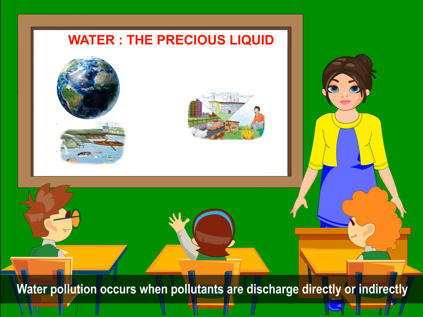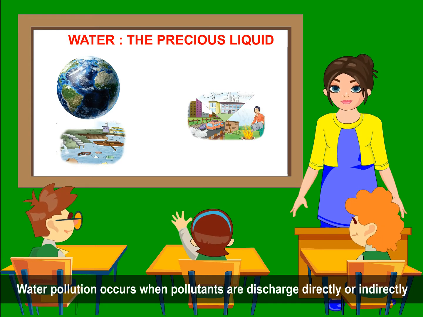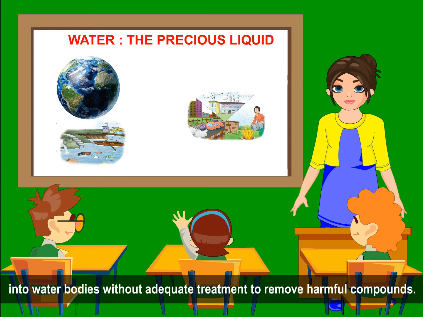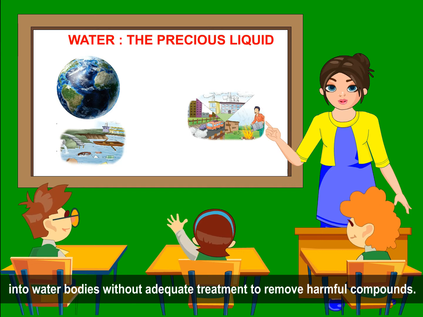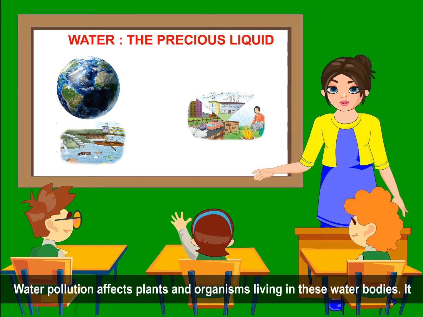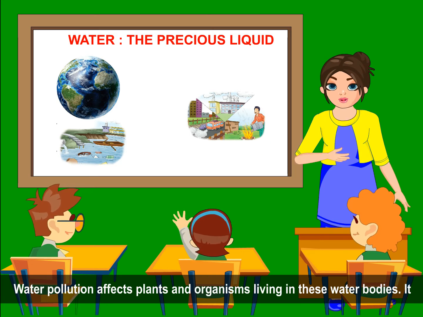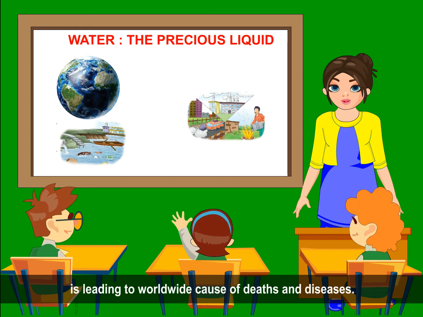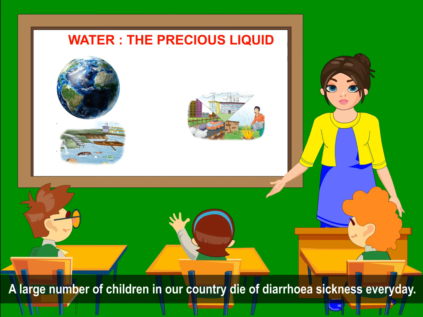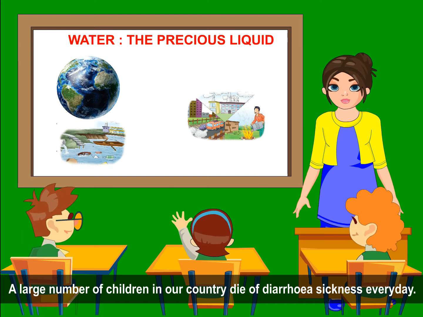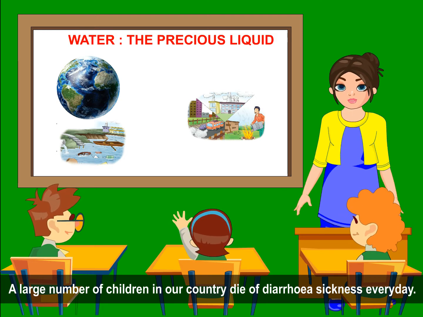Water pollution occurs when pollutants are discharged directly or indirectly into water bodies without adequate treatment to remove harmful compounds. Water pollution affects plants and organisms living in these water bodies. It is leading to worldwide cause of death and diseases. A large number of children in our country die of diarrhea, sickness every day.